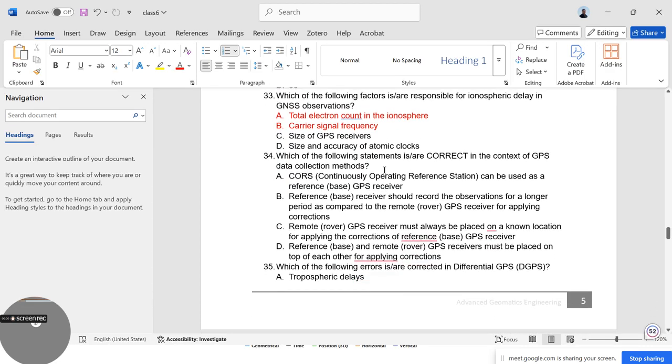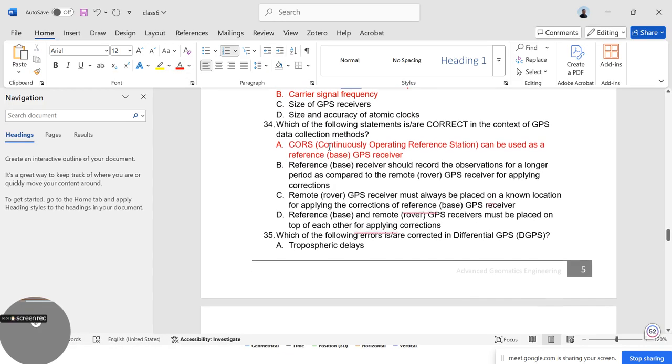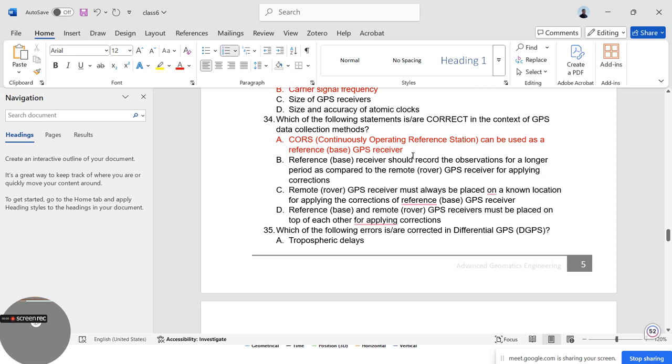Next question is, which of the following statements is or are correct in context of GPS data collection method? This continuous operating reference system can be used as a reference base GPS receiver. Like we discussed a short time ago, that option is correct. A reference or base receiver should record the observation for a longer period as compared to the remote or rover station. So that is also true.